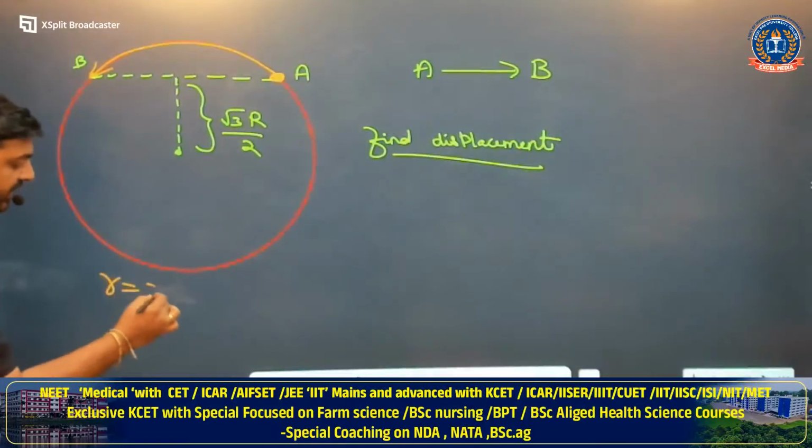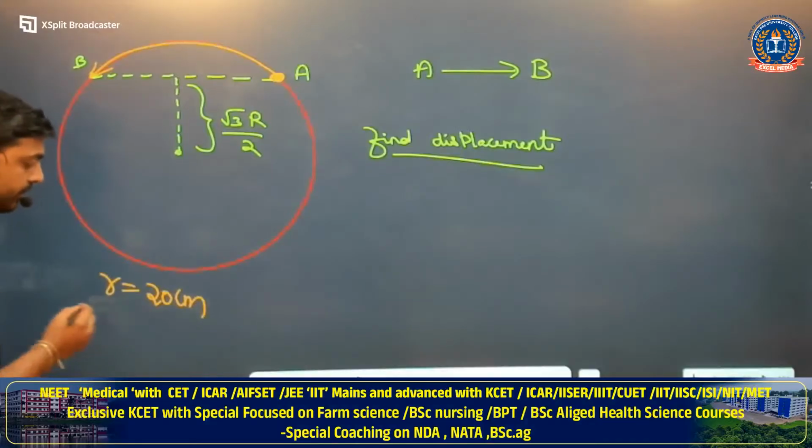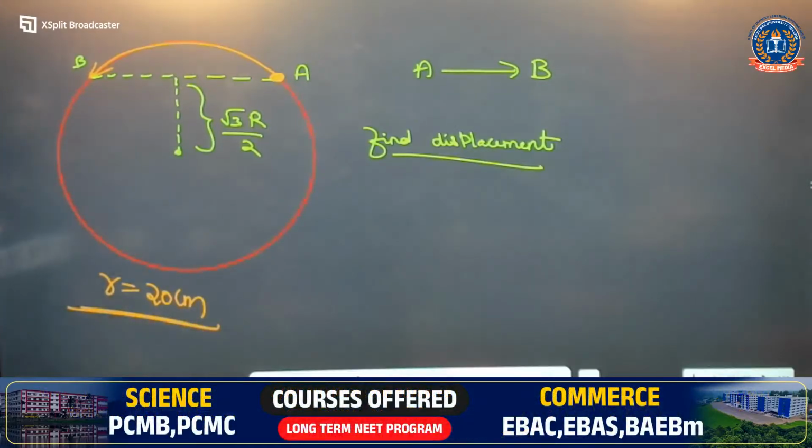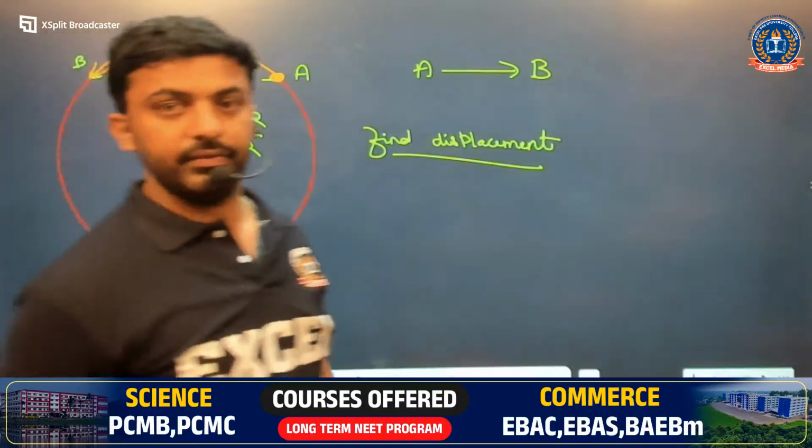Radius of circle is 20 centimeter. Find the displacement.